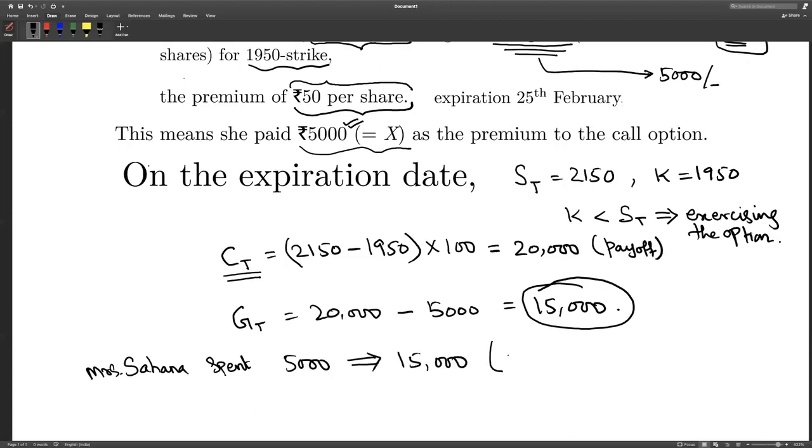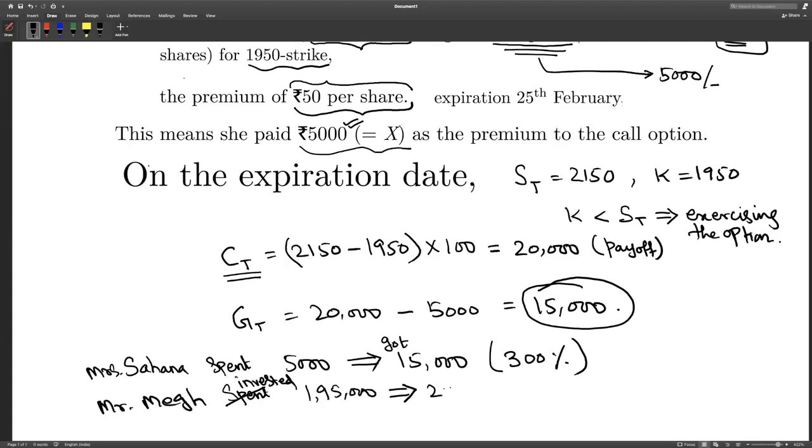That means she got about 300% profit on her investment, whereas Mr. Meg spent, that is in the case of Meg, it is an investment, 1,95,000 and got 20,000. Thereby, he got 10.26% out of his investment.